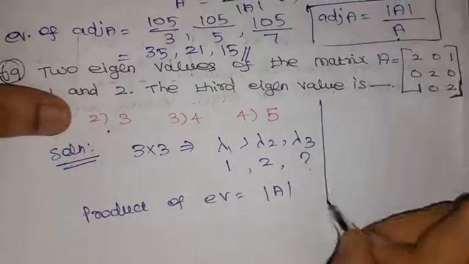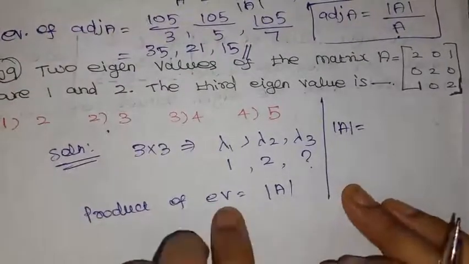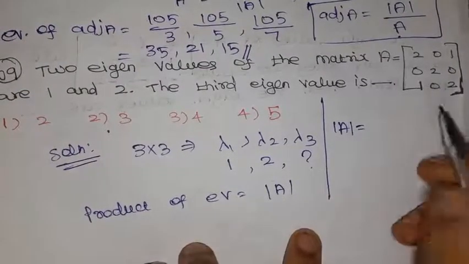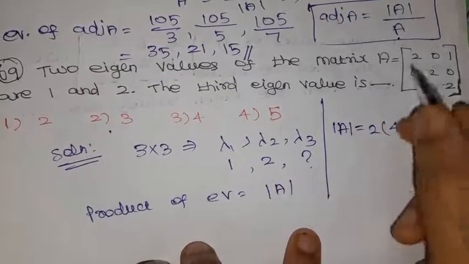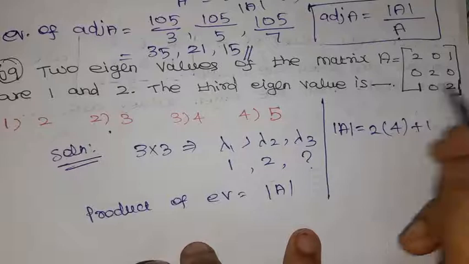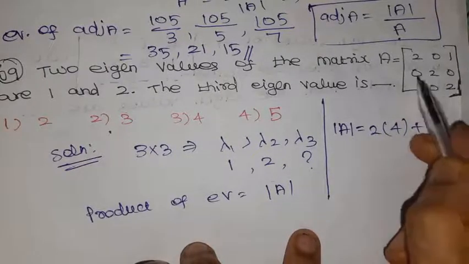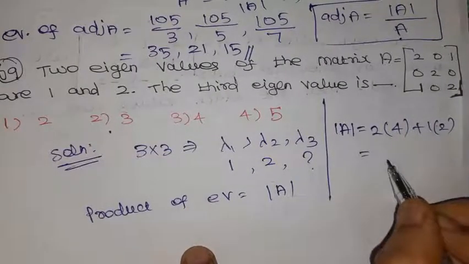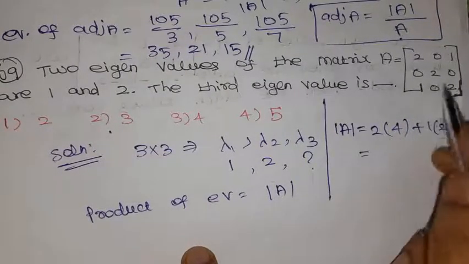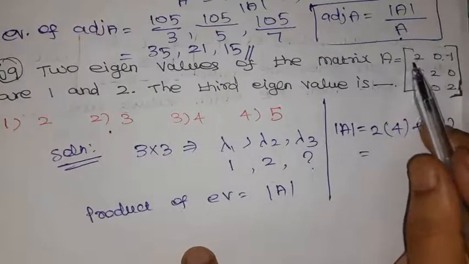So first we'll find the determinant value, then we'll substitute it here. Expanding this, 4, then plus 1, 0, 0, 0, 2, okay, 8. I will check again. 4, right? Then it will be 0, so I will omit this.